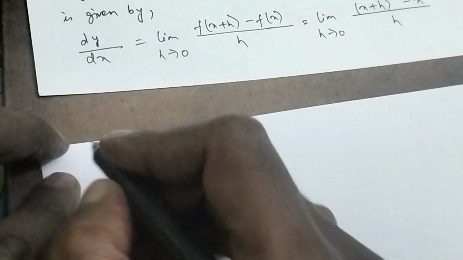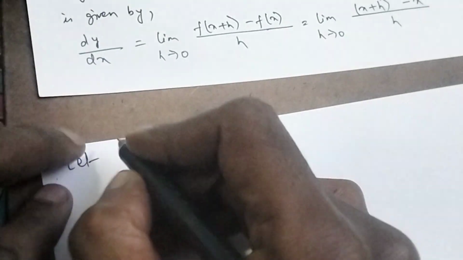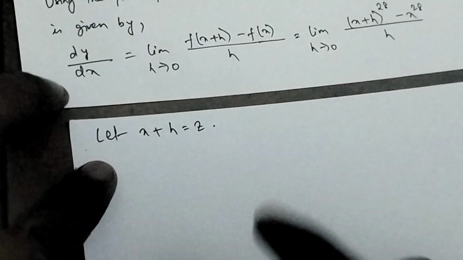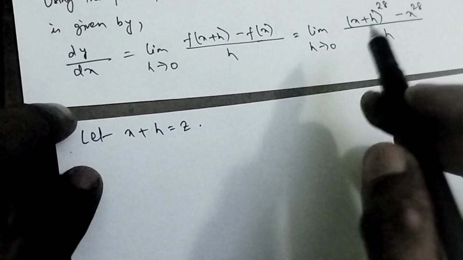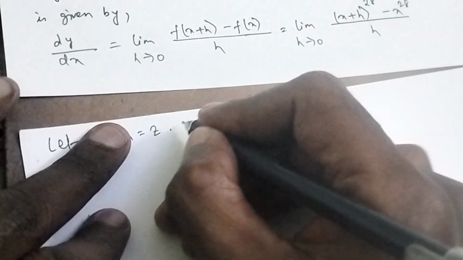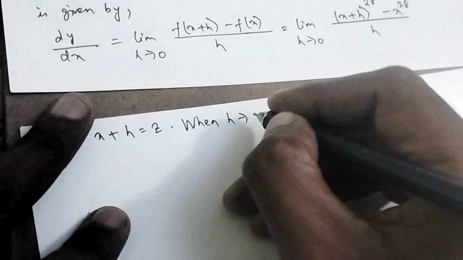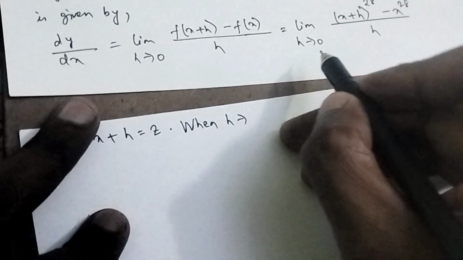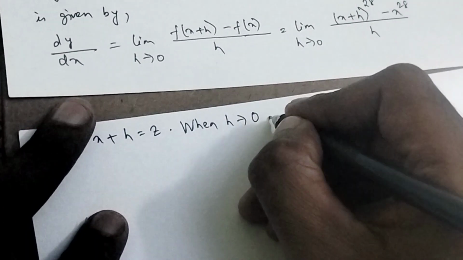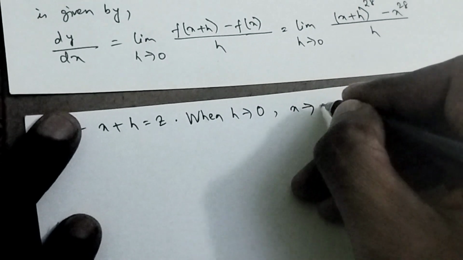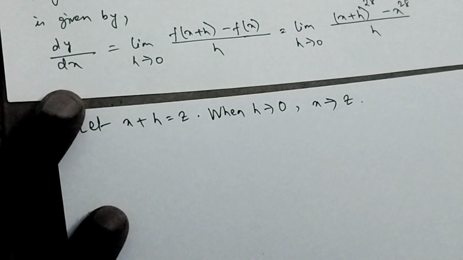So now let x plus h is equal to z. When h tends to 0, x tends to z, right?